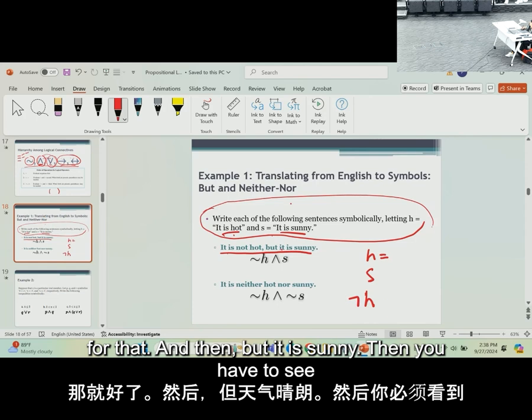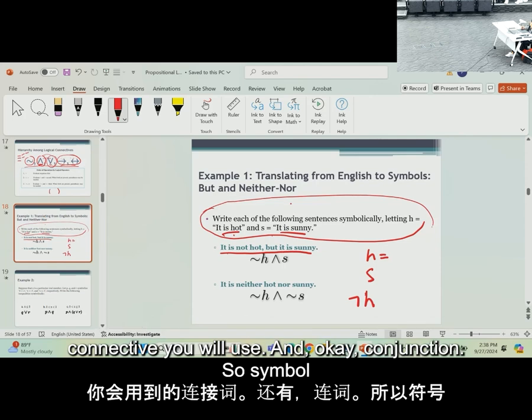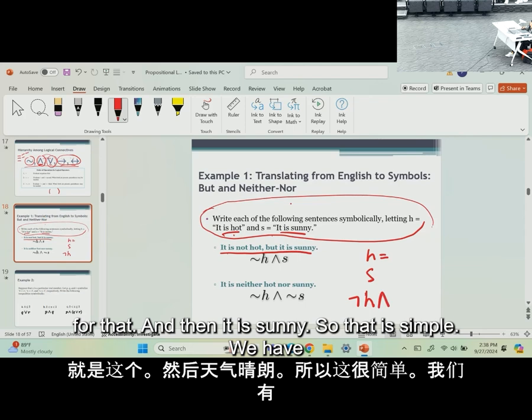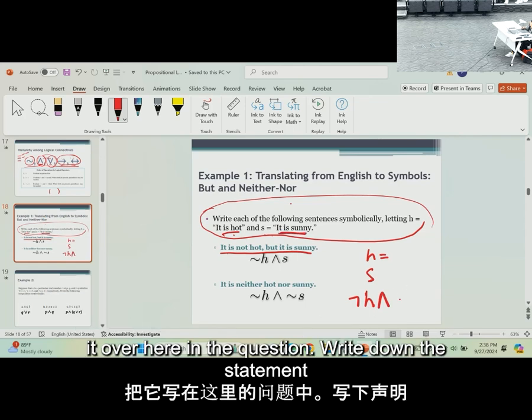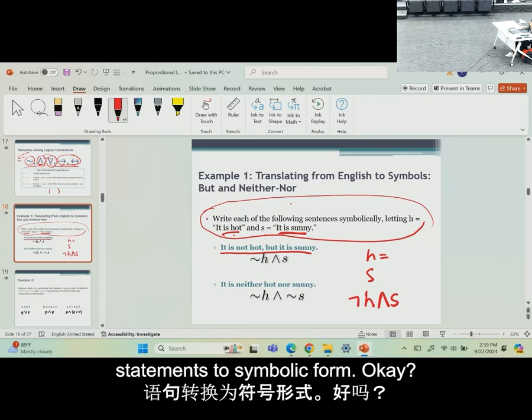And then, but it is sunny. Then you have to see how they are logically connected. Which logical connective will you use? Conjunction, so the symbol for that. And then it is sunny, so that is simple. We have it over here in the question. Write down the statement variable for that. So this is how you translate from English statements to symbolic form.